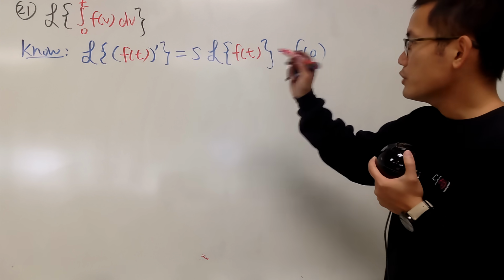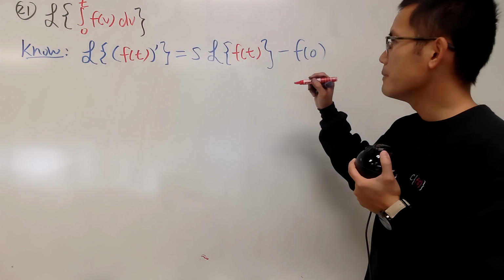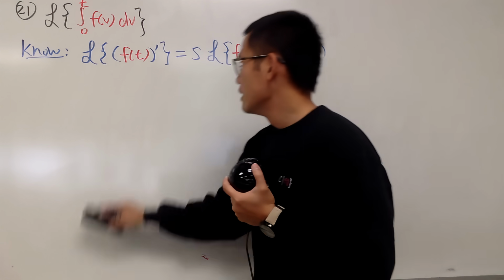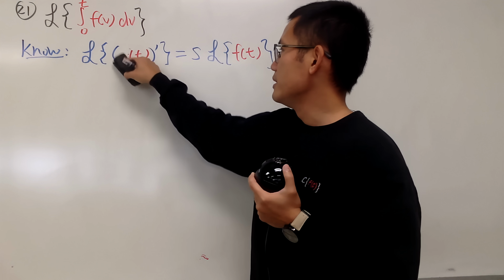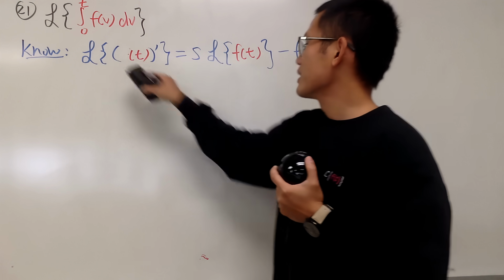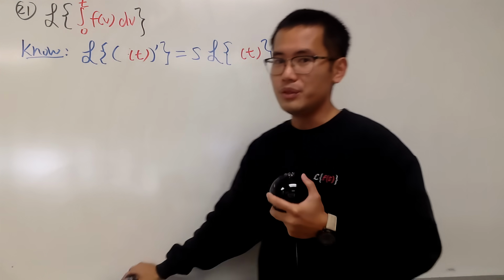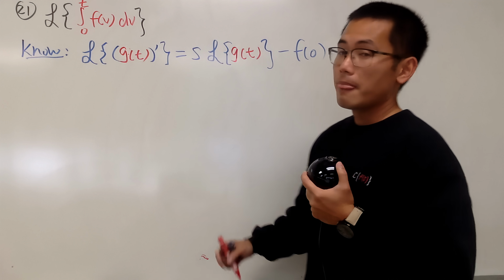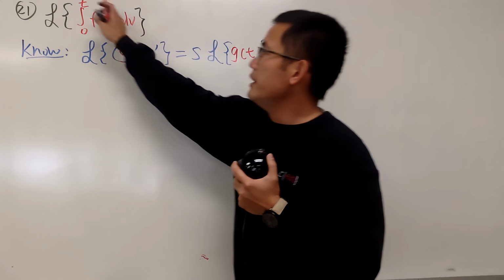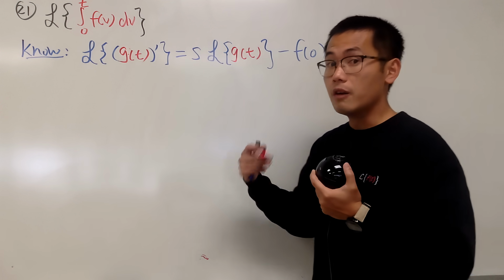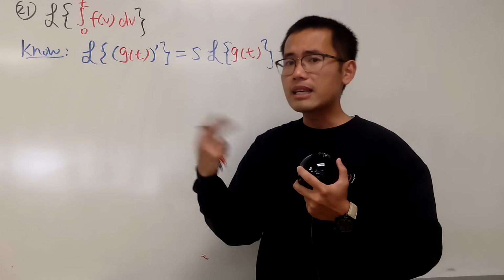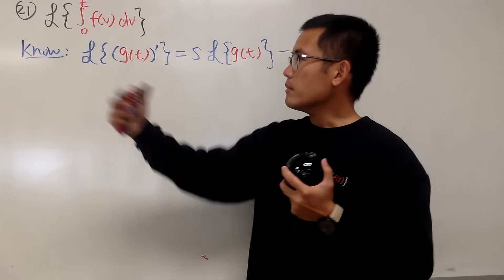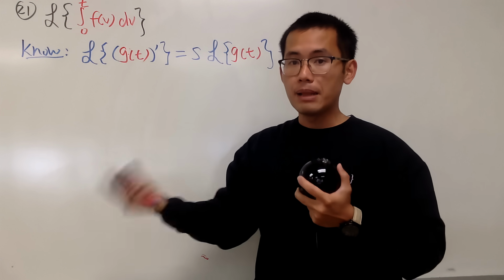So, our function here, I will change it a little bit because the notation is going to be, this has the f already, so that's not good. Let me actually put down g if you don't mind, right? Because in our case here, this right here, I'll just call that g of t. And again, this is not like capital F, because capital F is reserved for the output of the Laplace of little f.